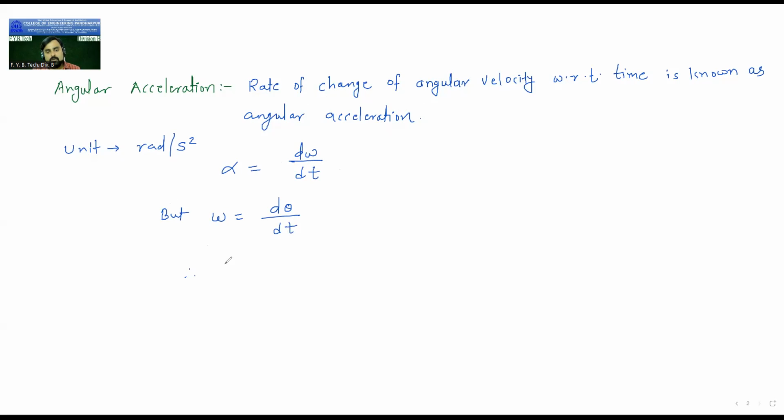So therefore alpha is equal to d by dt as it is, and for omega again we write d theta by dt. So alpha is equal to d2 theta upon dt square. This is for alpha.